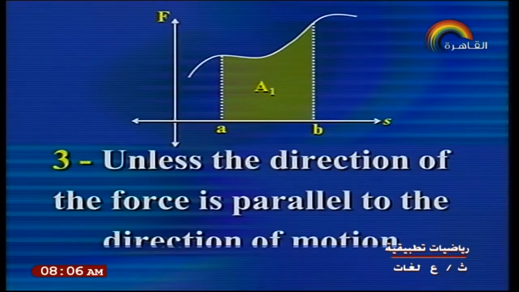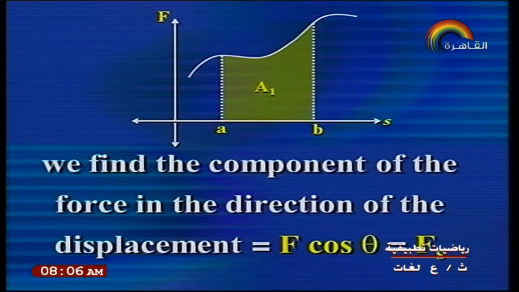Dear students, now suppose the direction of the force is not parallel to the direction of the motion. Look at the opposite figure. We find the component of the force in the direction of the displacement equals F cosine theta, or Fs. Fs represents F cosine theta, the component of the force in the direction of displacement.